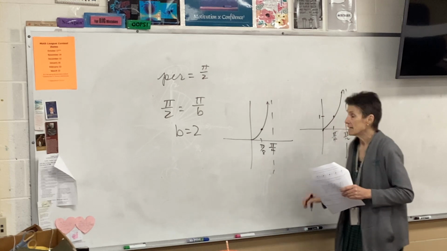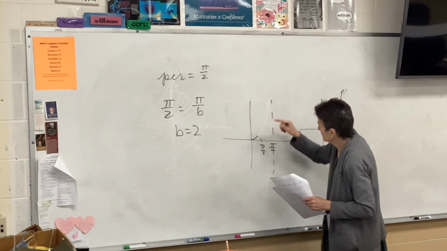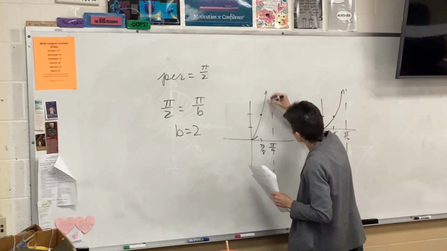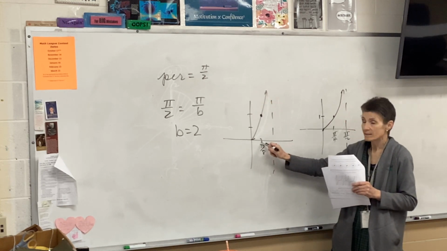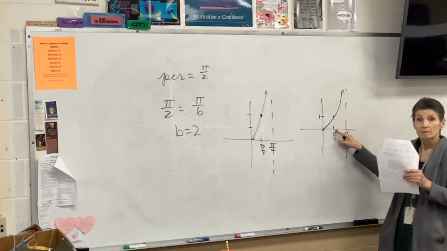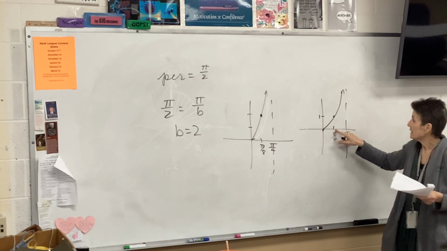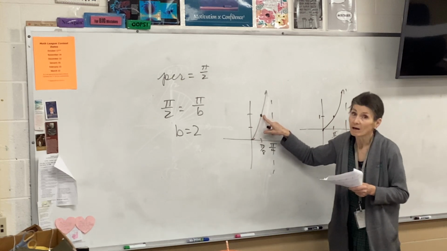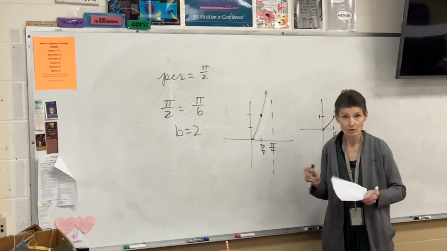A is 1. If that point had been up here like this, so now that middle point, that 45-degree angle in a regular unit circle, if it's not 1, if it's something else, then that tells you that your A is in action.